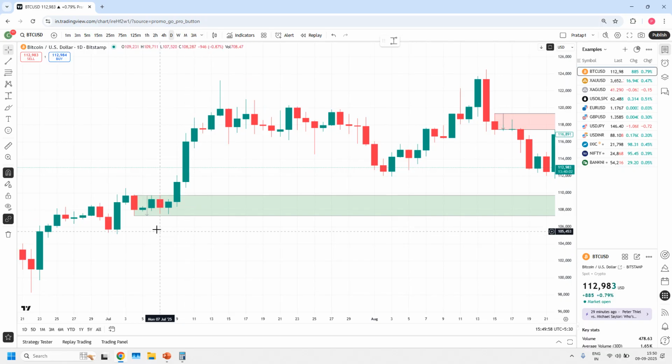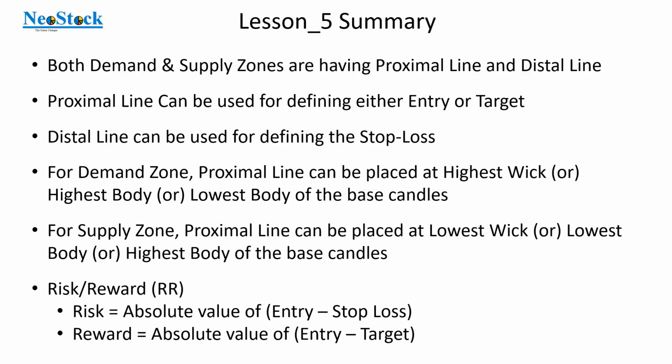What is type 1 proximal in demand zone? Highest wick of the base candles. That is what you have seen here. For demand zone, the proximal line can be placed at the highest wick of the base candles, or the highest body of the base candles. This is type 2. Or the lowest body of the base candles.